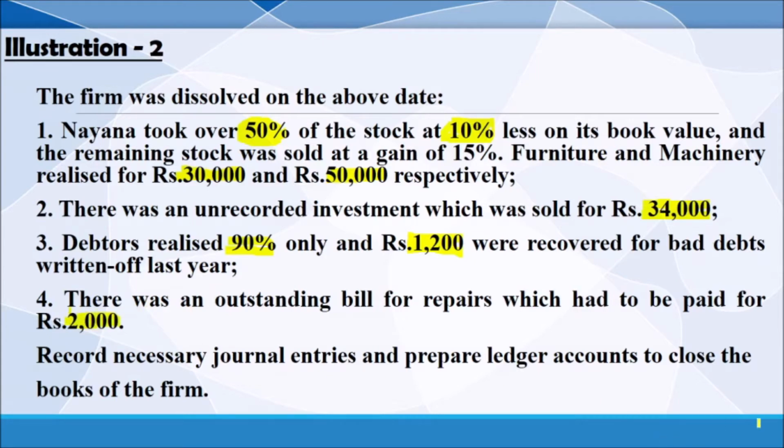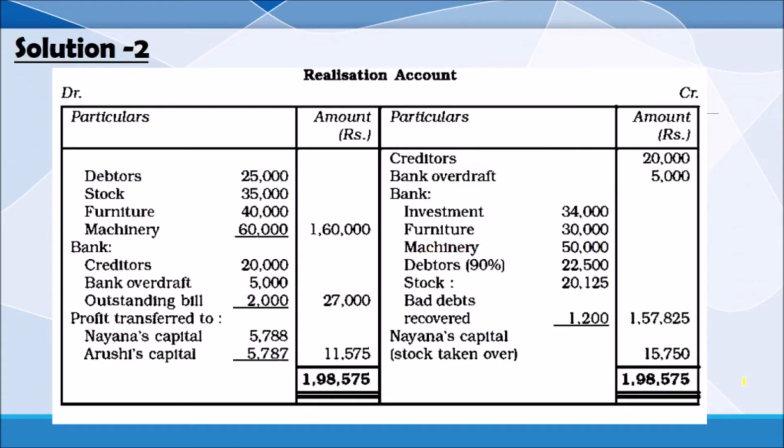We have to prepare the different ledger accounts. First of all, please come to the realization account. So as we are transferring assets, debtors, stock, furniture, machinery, total value will be 1,60,000.